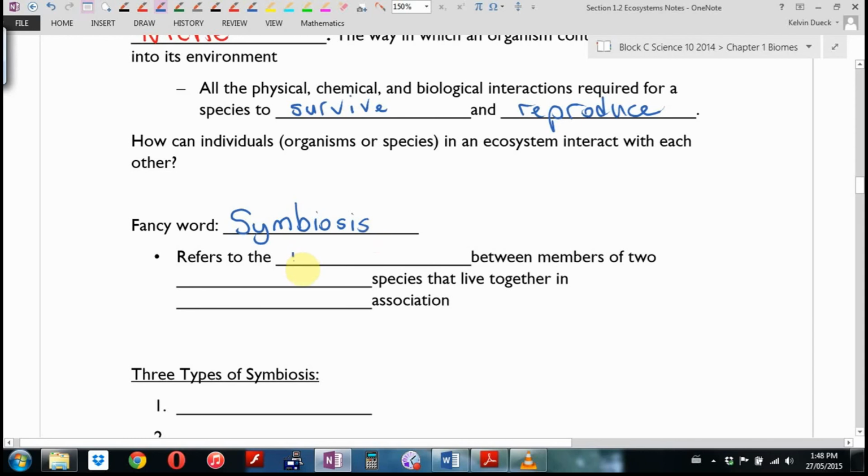This refers to the interactions between members of two different species that live together in close association, either side by side or in the same area.